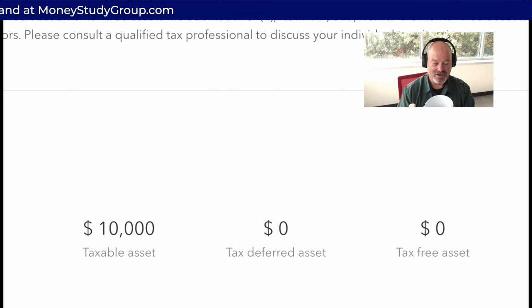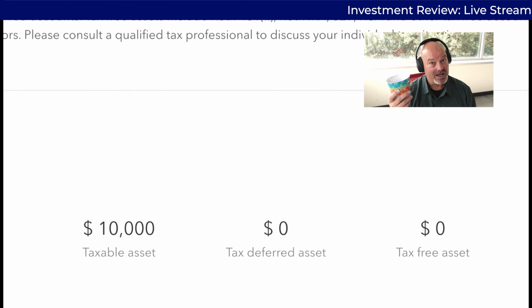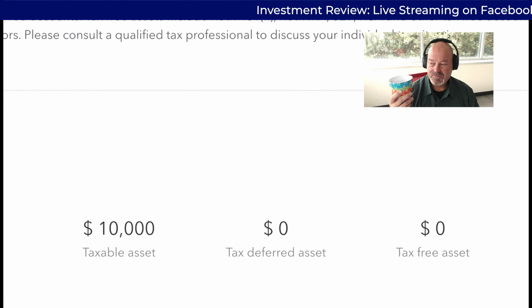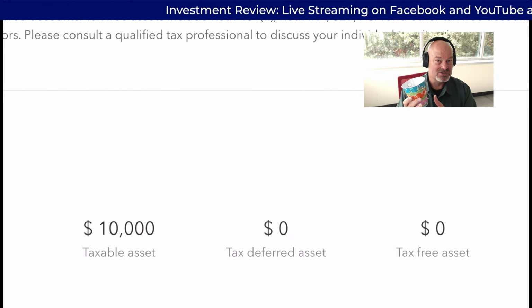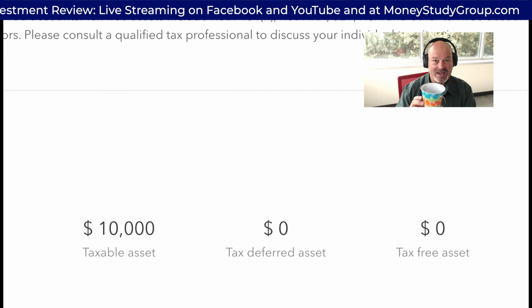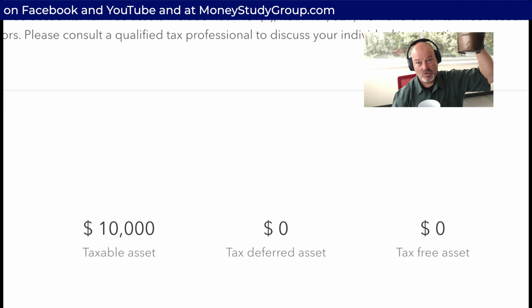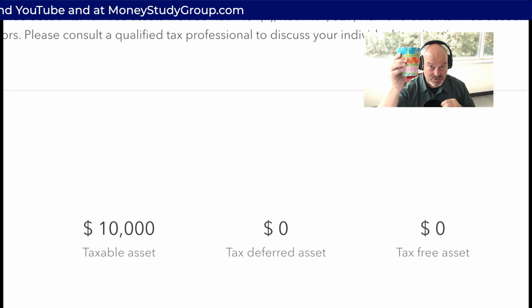So the IRA, it's yours. You can put it at Robinhood, you can put it at E-Trade, TD Ameritrade, Charles Schwab, that's my favorite. There's lots of different custodians that you can set up your IRA. You have to set up that account, and then you can roll over the money from your 401k into your IRA.